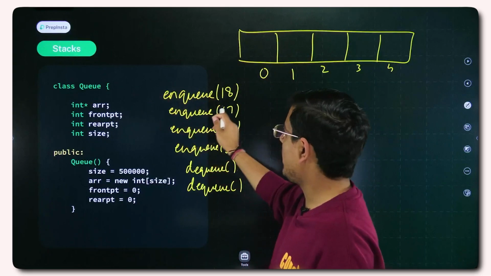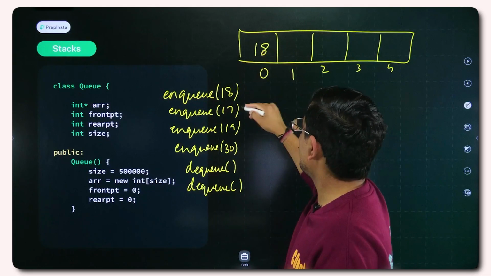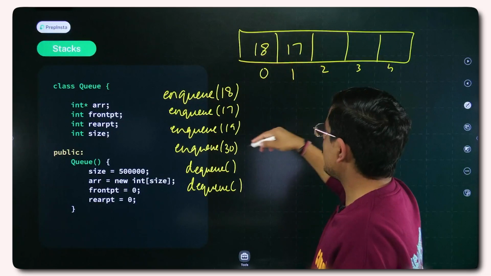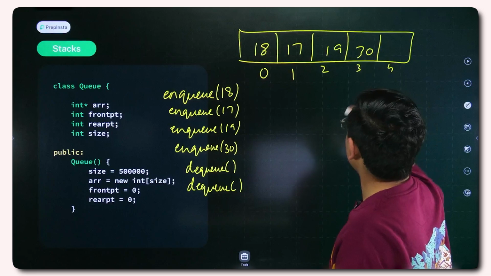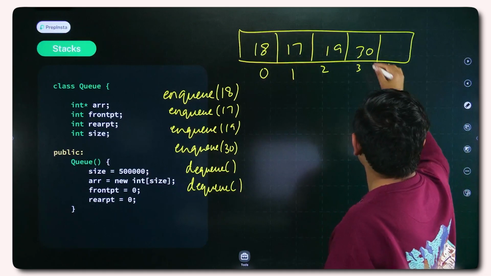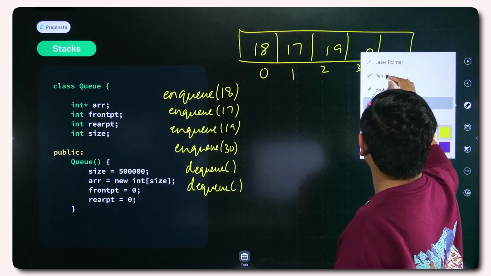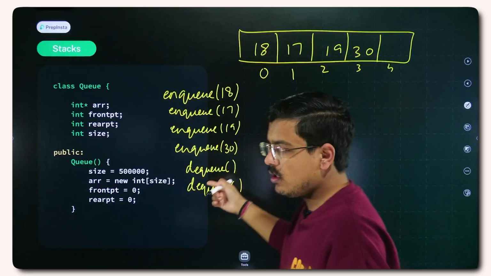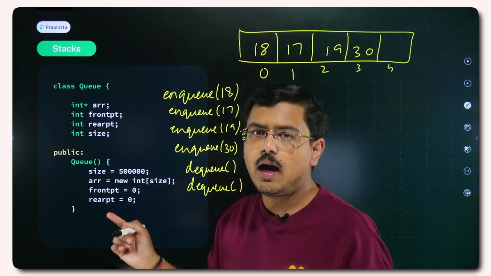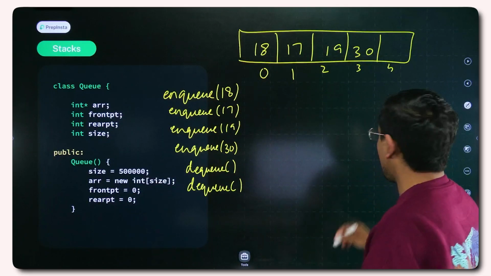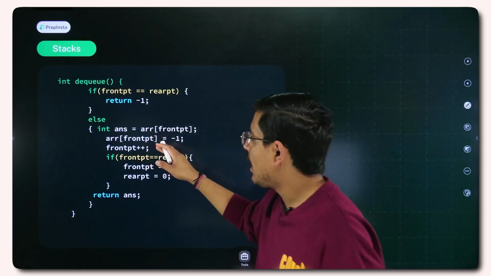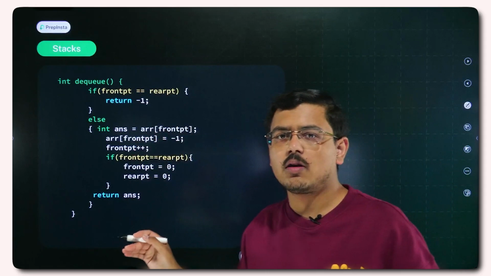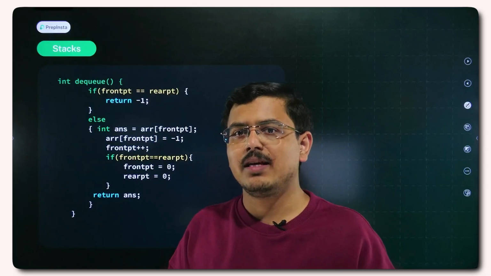If I start implementing these functions, first NQ 18, so 18 comes here. NQ 17, 17 comes here. NQ 19, 19 comes here. NQ 30, 30 comes here. After this NQing, I do the DQ operation. For those who have watched the last video, they know that whenever I DQ, I assign that block of memory -1 as the value.